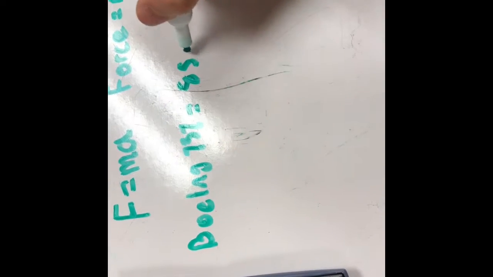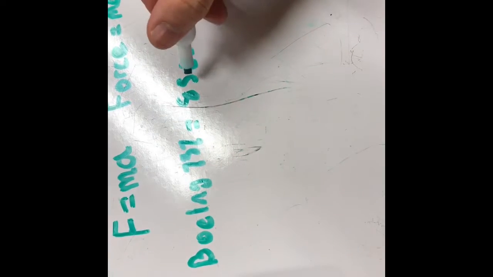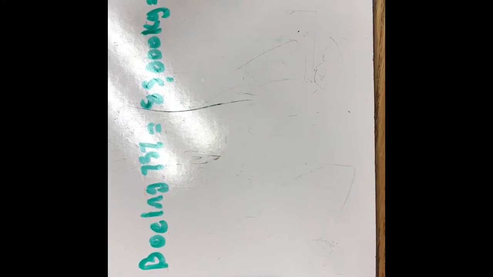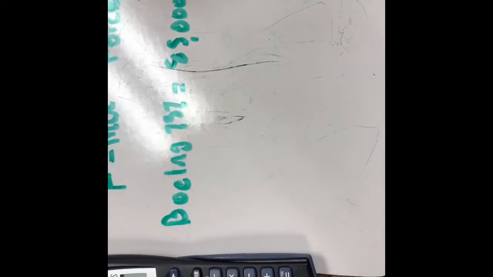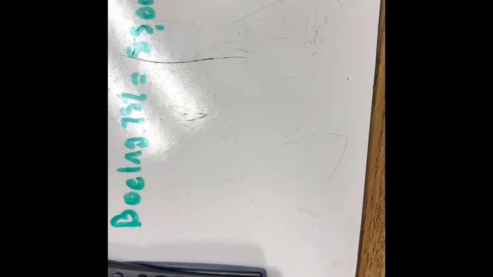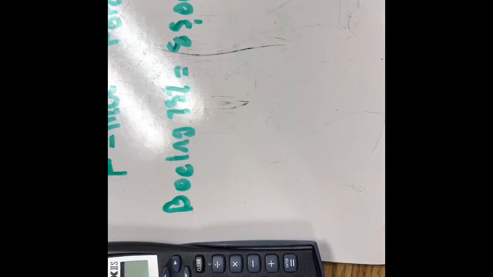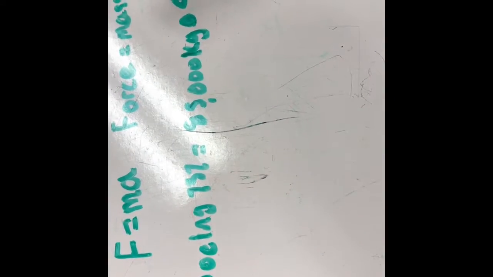The mass for the Boeing 737 is 85,000 kilograms. And the max acceleration for the Boeing 737 is 4.79 meters per second squared.